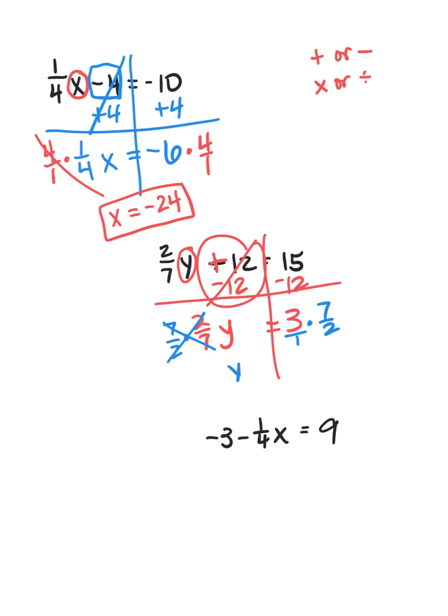We get y is equal to 3. Remember, we go across. 3 times 7 is 21. 1 times 2 is 2. So for our answer, we have 21/2, which if we wanted to divide that to get a decimal, well, half of 20 is 10, and then half of 1 is a half. So there's that one. And then, let's look at the final one.